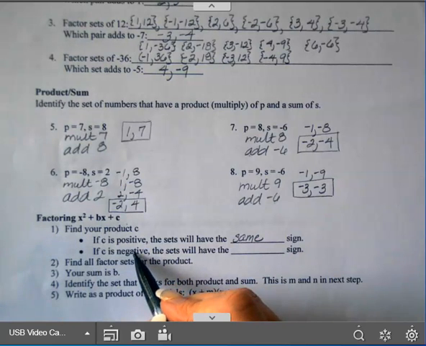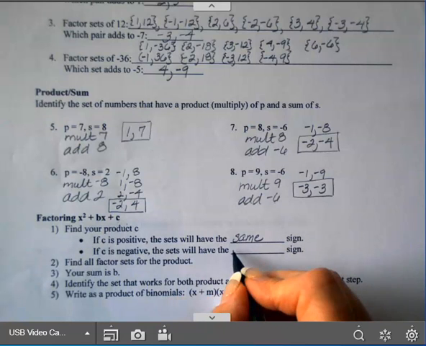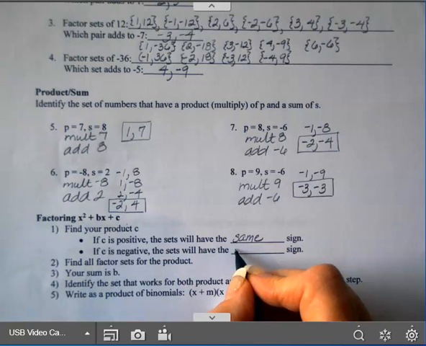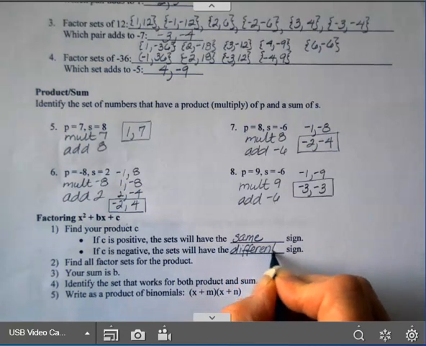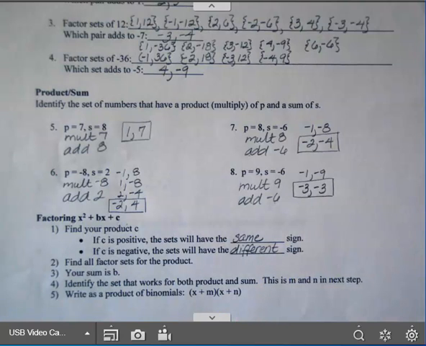If your constant is negative, they're going to have different signs or opposite signs. So one is going to have to be positive, one is going to have to be negative. So you're going to find your factor sets for your product and find the one that has a sum of b. You'll look for the factor sets first, then look for which one has the correct sum.